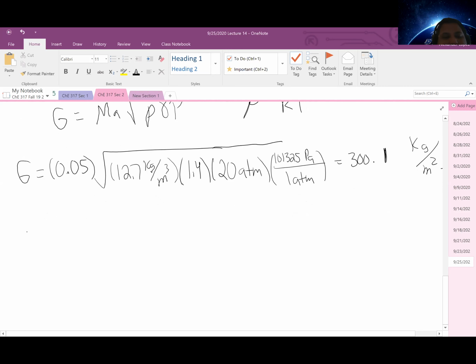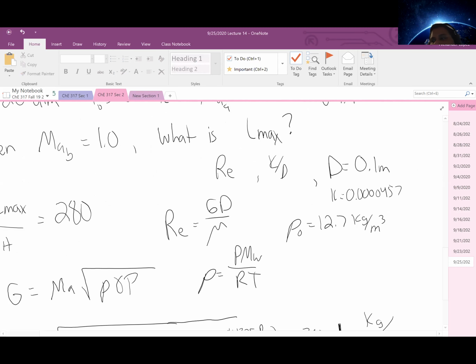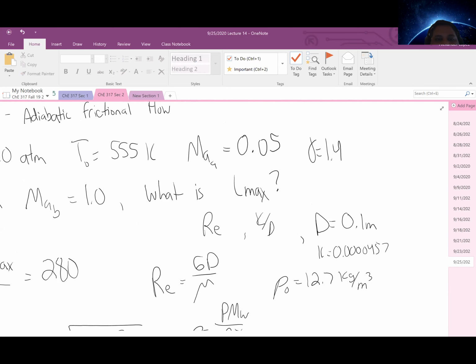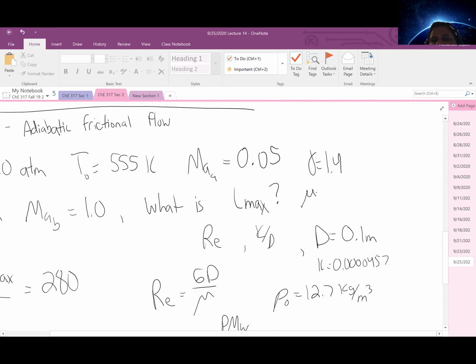So now with that, we can solve for a Reynolds number, which for compressible fluid is G times D over mu. And we're looking at air. And the viscosity of air, now admittedly, I am making this up, is 5 times 10 to the minus 5 kilograms per meter second.